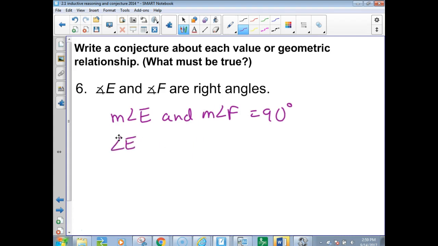Okay, angle E and angle F are supplementary. Let's abbreviate supplementary. They're supplementary because they're each 90. The total would be 180. You with me? Okay, I get it, you were thinking right angles add up. Complementary would be two angles that add up to 90, not that are each 90.